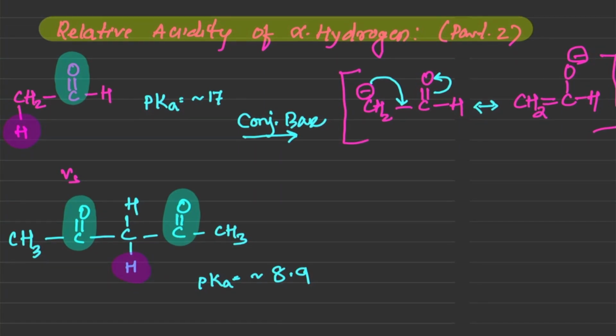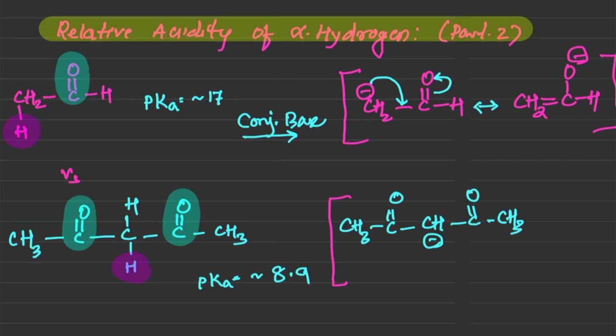The more stable your conjugate base is, the more acidic the corresponding hydrogen will be. So I'm going to draw the conjugate base here, CH3 CO, CH minus, CO CH3.